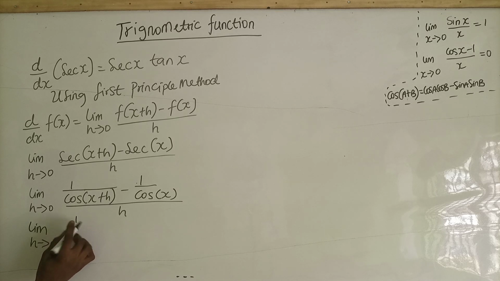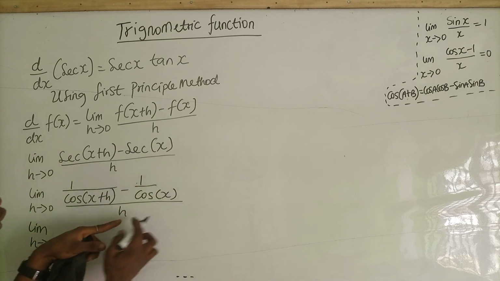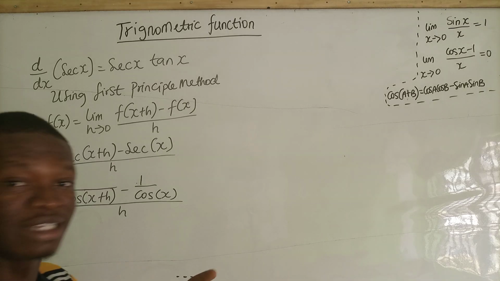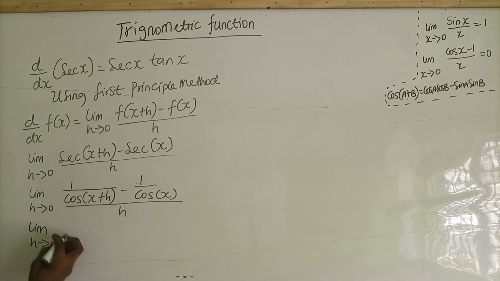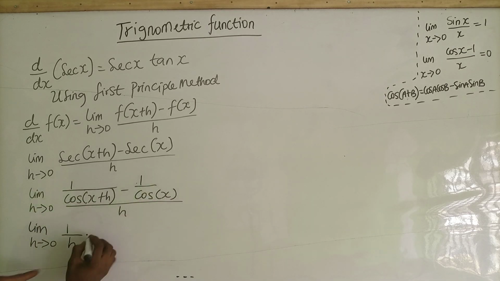1 over, okay, at this place now, this thing is a fraction within a fraction. So if you want to get rid of this thing, we are going to put this h in this form, 1 over h multiplied by the LCM of the first fraction. You draw a line and find the LCM.